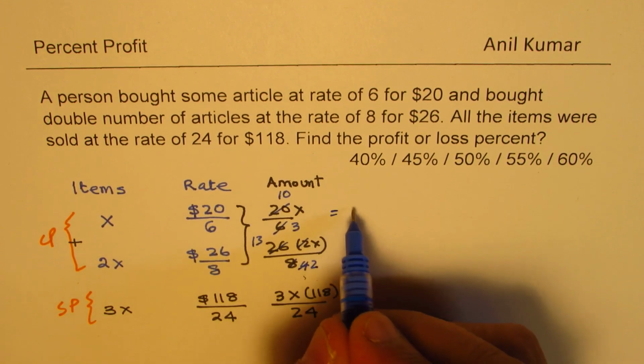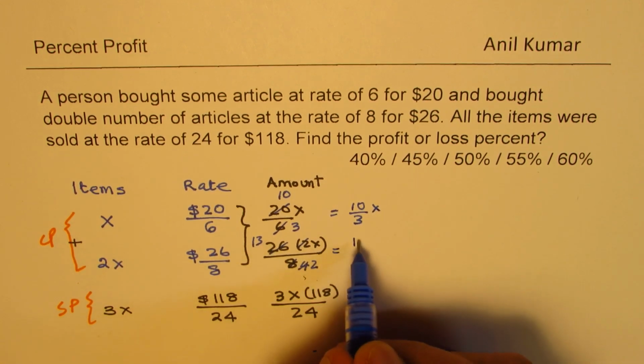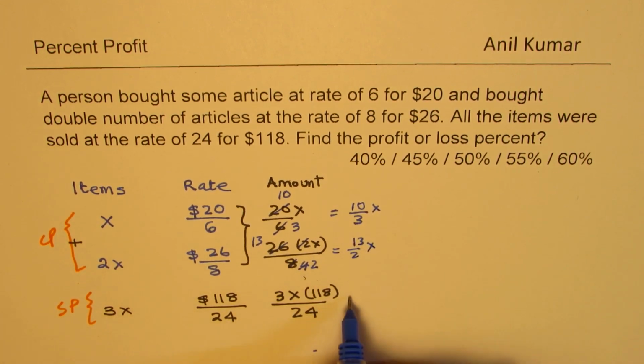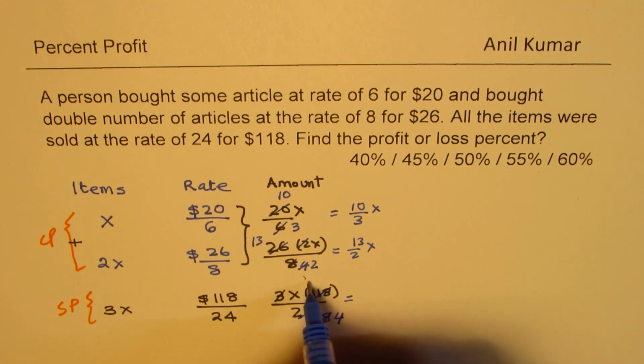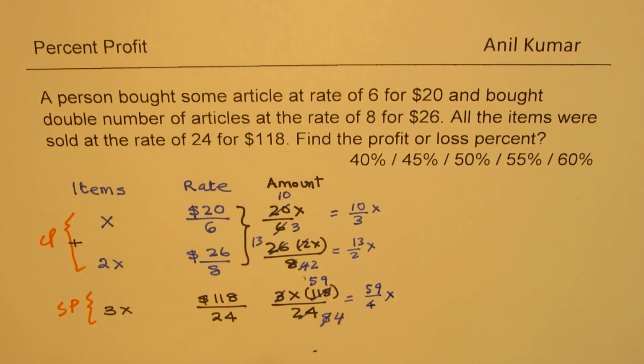So let's write this as 10x over 3, here we have 13x over 2, and in this case this goes 8 times and then again we can divide by 2, so 4, and 2 times 5 is 10 and 18 is 9, so 59x over 4.